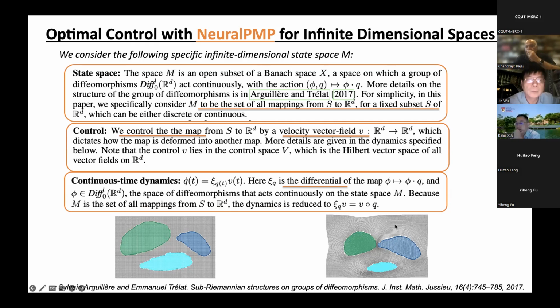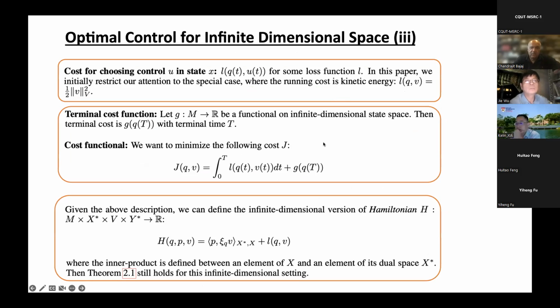And this vector field, of course, lives in the tangent space or the adjoint space of your shape. So by controlling the map, which is a velocity vector field of deformations, and doing continuous time dynamics, which is the differential of these maps, one can extend our framework to continuous time. And that's what I've shown here.